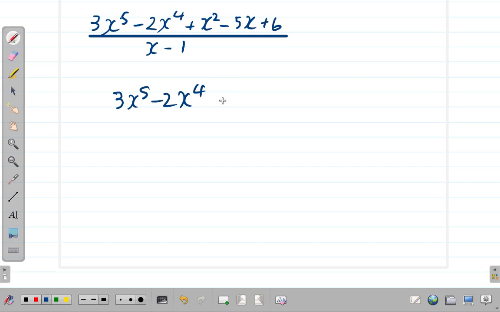The next one will be x to the power of 3, but there's no x to the power of 3 here, so we place it here by saying 0x to the power of 3. Then plus x to the 2, minus 5x to the 1, plus 6x to the 0. Alright, so we have all the powers of x.